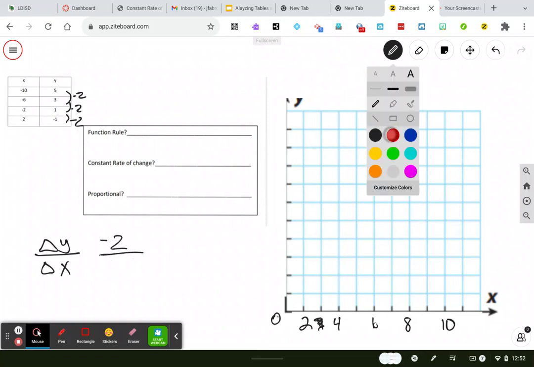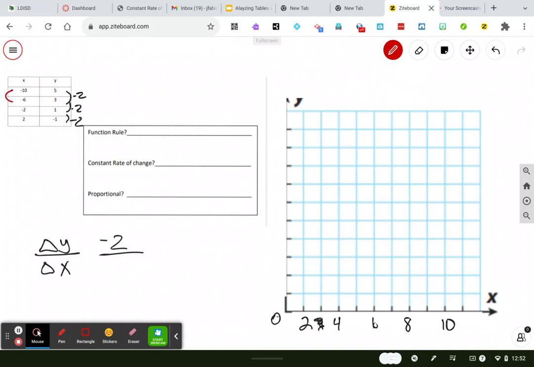On your x's, this is negative 10 to negative 6. So how do I get from negative 10 to negative 6?